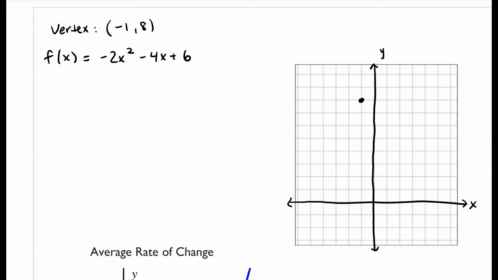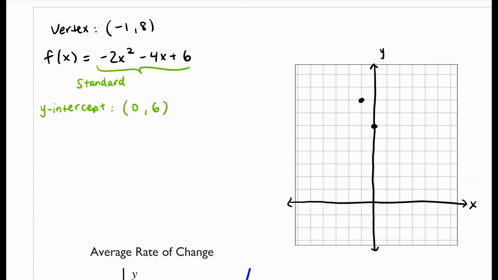Another thing to note is that this is currently in standard form. And remember that one of the things that standard form is good for is figuring out the vertical intercept, or the y-intercept. In this case, if we plugged in 0, the first two terms would disappear and our output would just be 6. So that's kind of helpful in this scenario. So 0, 6 would be right here.